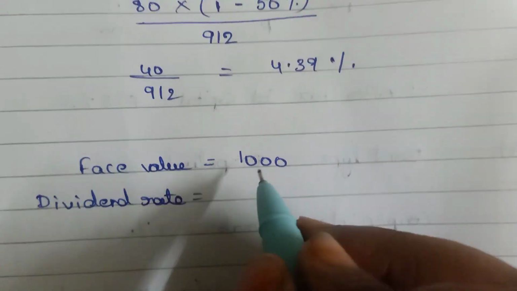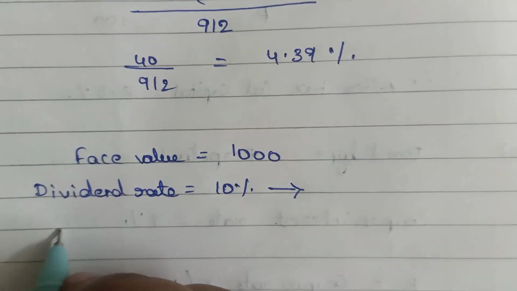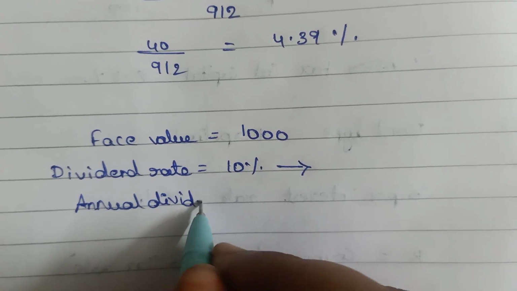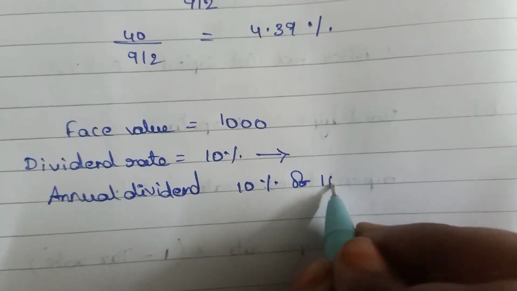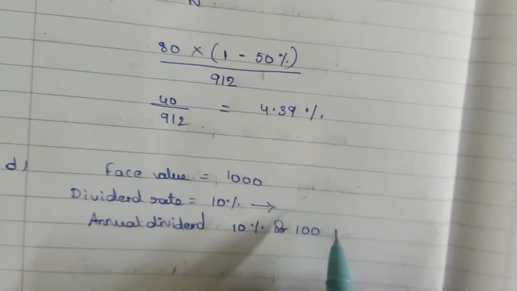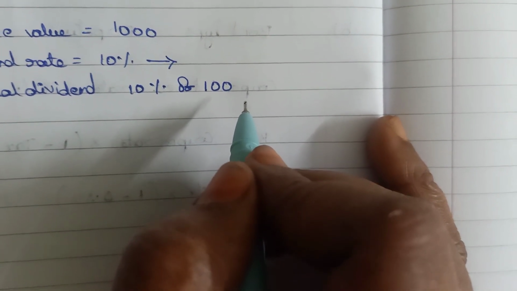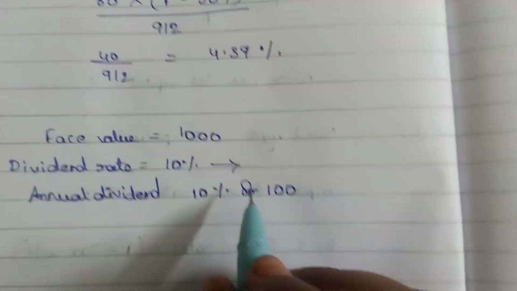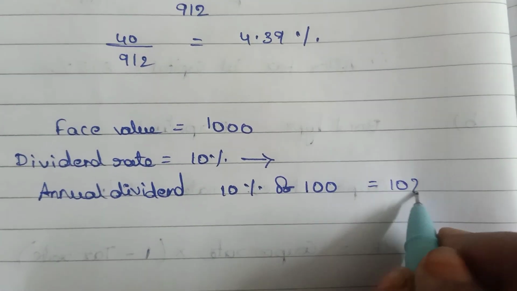The dividend rate is 10%, so the annual dividend is 10% of 100 rupees, which is equal to 10 rupees.